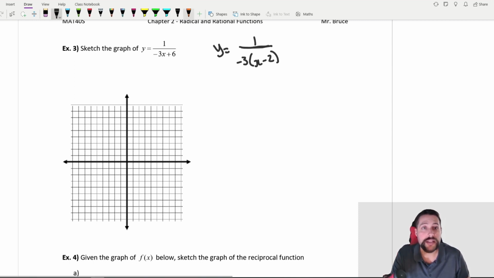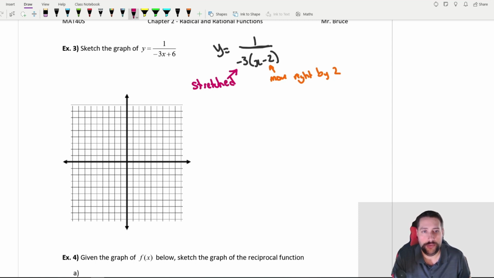So what this means is this -2 means we are going to move to the right by 2. And this -3 is going to tell us that we are being stretched by 1/3, sorry, and we're going to flip over the y-axis.